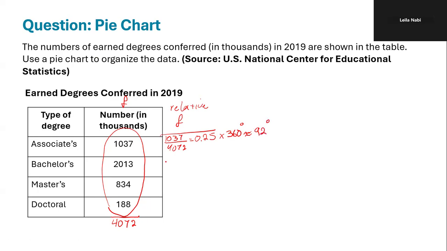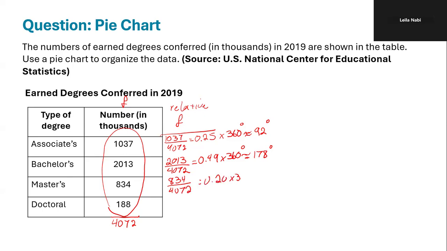For the next category, I have 2013 as the frequency divided by the sum of frequencies. The decimal number I get is 0.49. If I multiply it by 360 degrees, it gives me about 178 degrees. For the next one, which is 834, divided by 4072, it gives me 0.20.